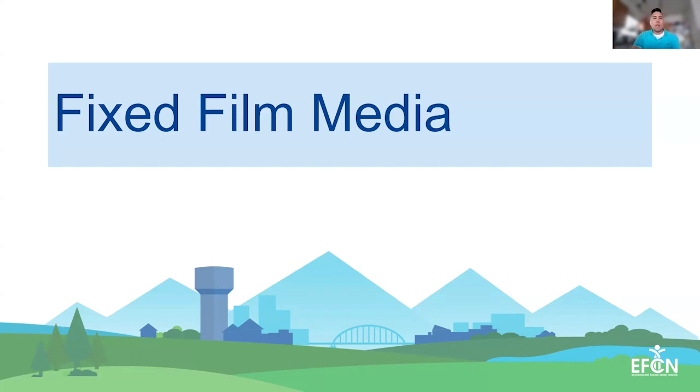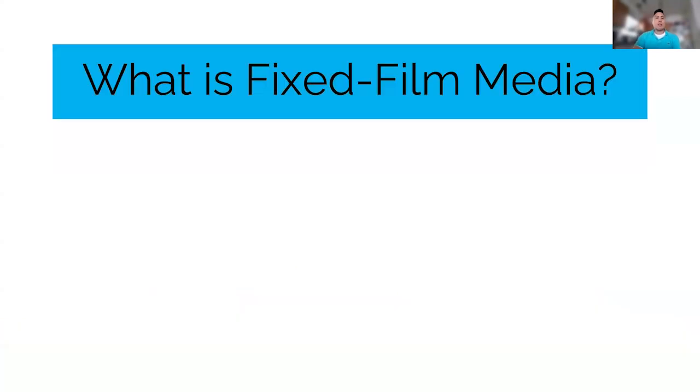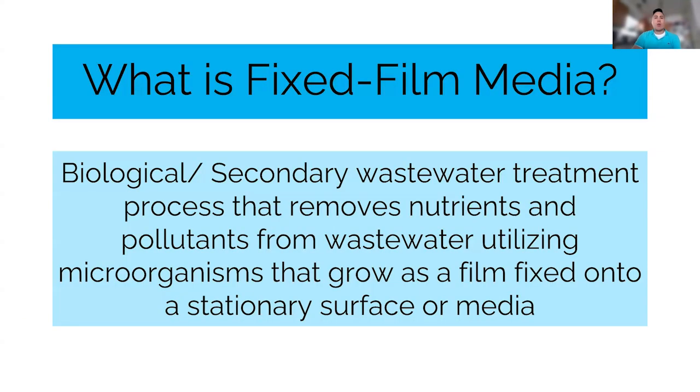So I'm going to be taking over the topic on fixed film media. And the first thing we're going to talk about is what exactly is fixed film media. So fixed film media is a biological, secondary wastewater treatment process that removes nutrients and pollutants from wastewater, utilizing organisms that grow as a fixed film onto a stationary surface or media.